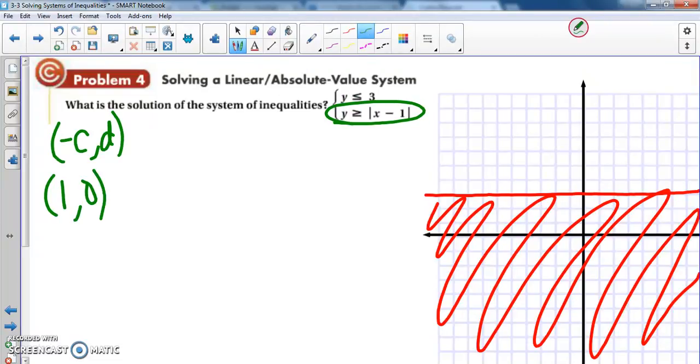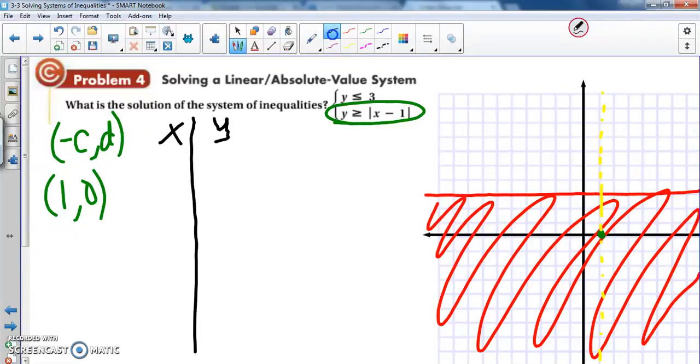So I'm going to make a point at 1, 0, which means my axis of symmetry is at x equals 1. Make a table of values. I'm going to go to the right, so I'm going to plug in x equals 2 and x equals 5, so that my graph is a little bit more spread out.